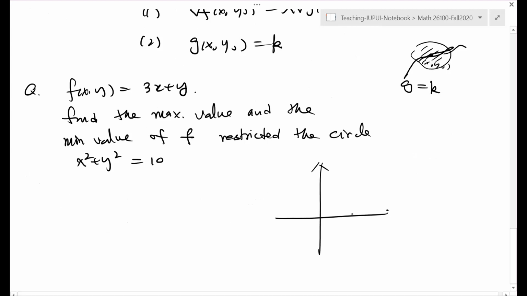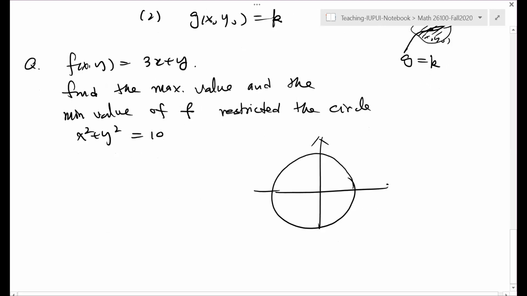However, if it's restricted to the circle, then the function becomes a function of one variable, and it has a maximum value or a minimum value somewhere. So there are 2 different ways to solve this problem. The first method is very complicated. I just give you an idea how to do it.